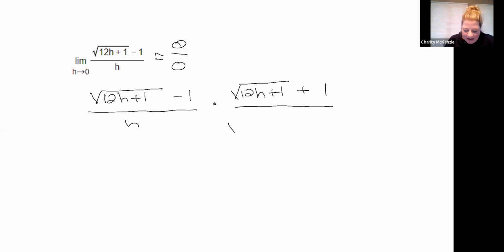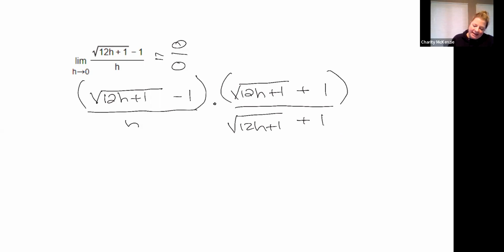If I multiply the top by that, I have to multiply the bottom by that as well. So I'm multiplying by a 1 here. Okay. And so I'm going to use the idea of FOIL. So make a big parenthesis here just so that you can see it better. And here as well, if you want. Okay, so we're going to multiply straight across on our numerators.